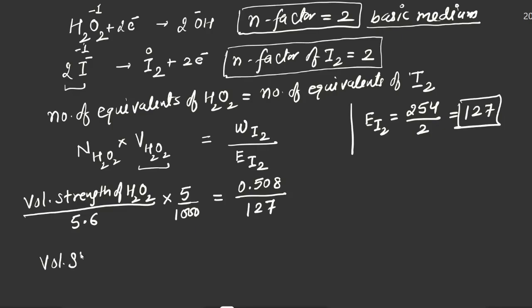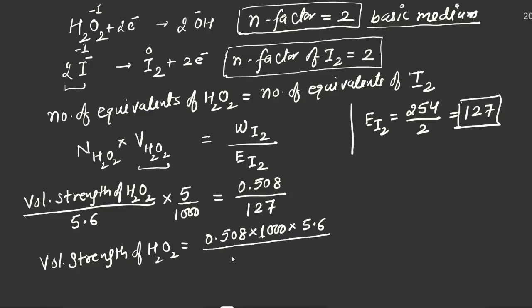So here volume strength of H2O2, that is equal to 0.508 into 1000 multiplied by 5.6 divided by 5 into 127.